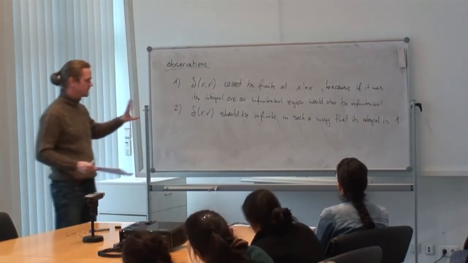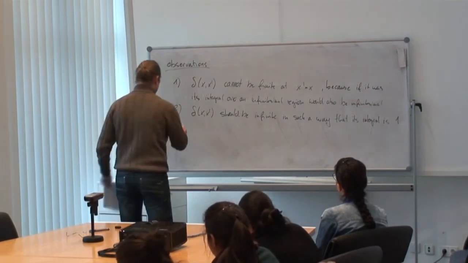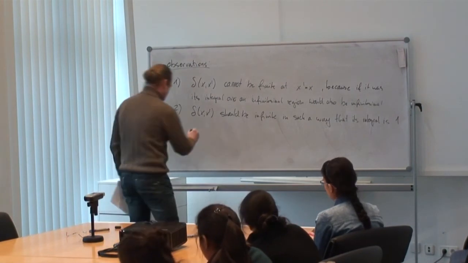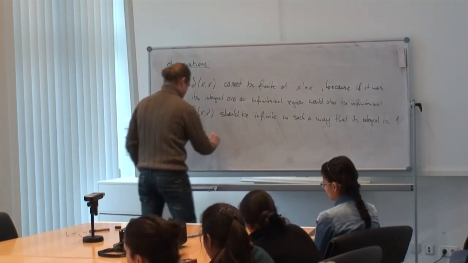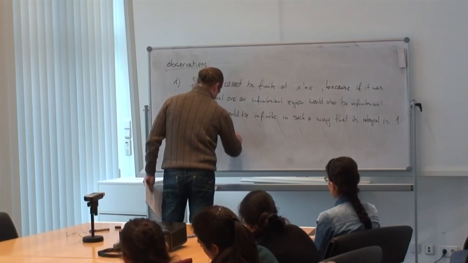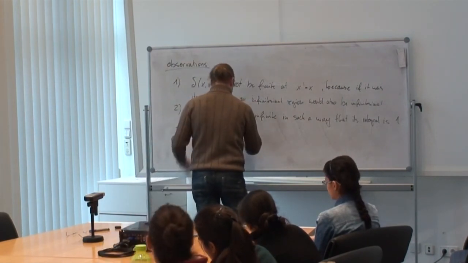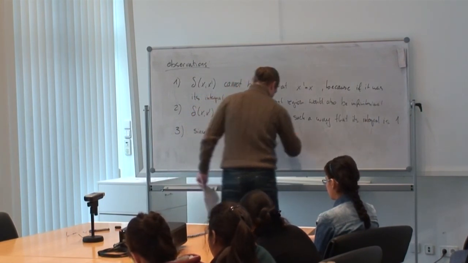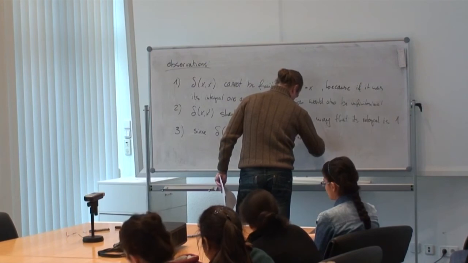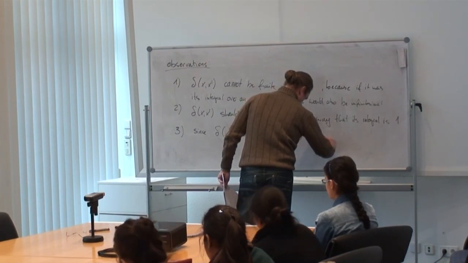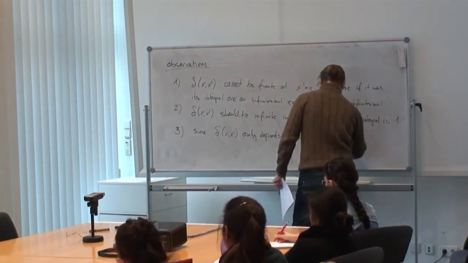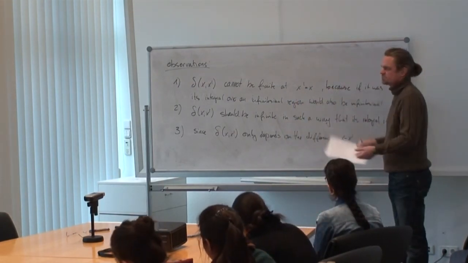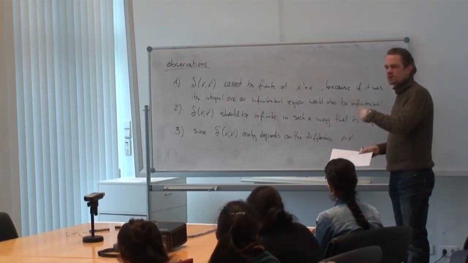Again, this is very special, something you may not have seen so far. And here's the third one, and this one is funny. Since this function delta of x and x prime only depends on the difference, let's say x minus x prime, it's just important to know how far x prime is away from x.